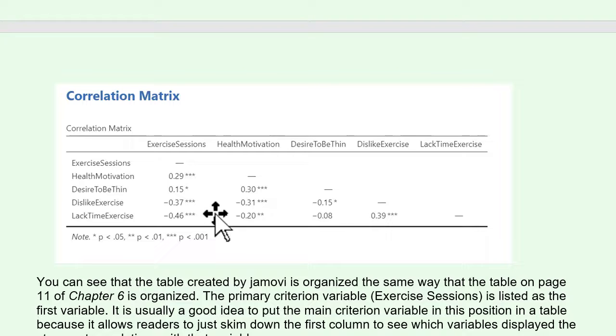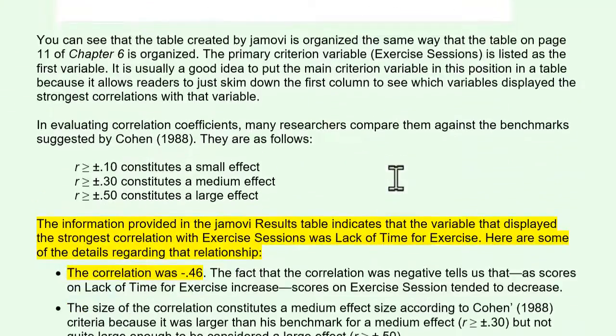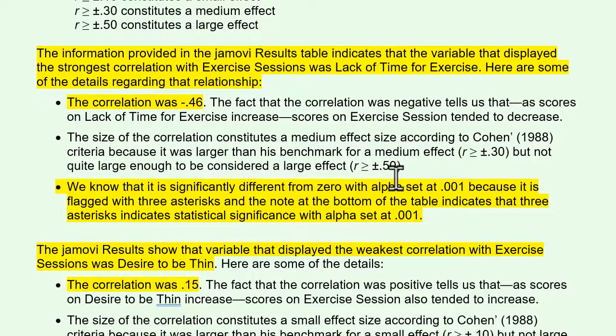That was the strongest correlation. It's flagged with 3 asterisks. What does that mean? It is significant at the p is less than 0.001 level. So in this section, on page 13, I tell you how to find the variable that shows the strongest correlation and determine whether it's statistically significant or not.